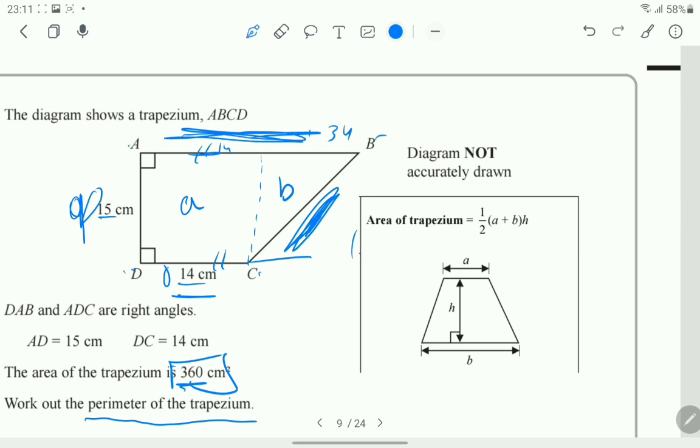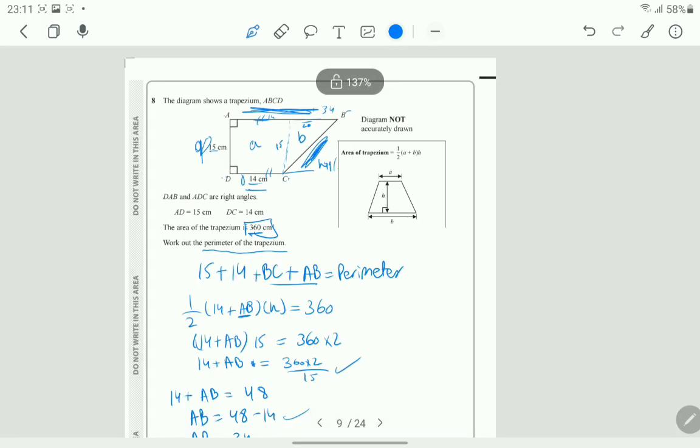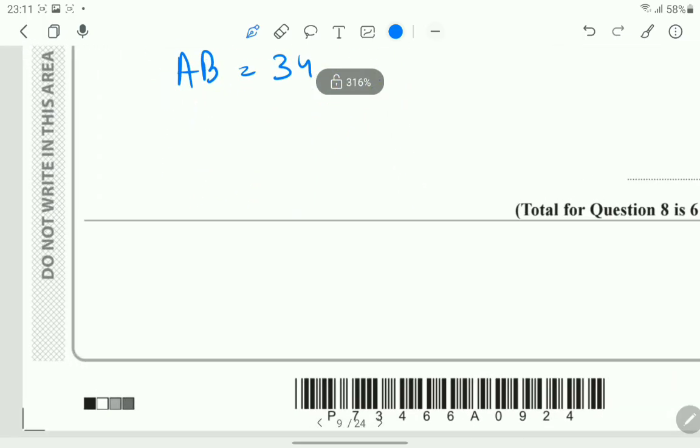So this is 14, and 14 minus 34, this remaining length would be 20 centimeter, and the height is 15. We now need to know the line BC. Let's call this H, not as in height but as in hypotenuse of this triangle, which I have just labeled. So in order to find the hypotenuse, we have to use this formula: P square plus B square. P is perpendicular, B is the base.